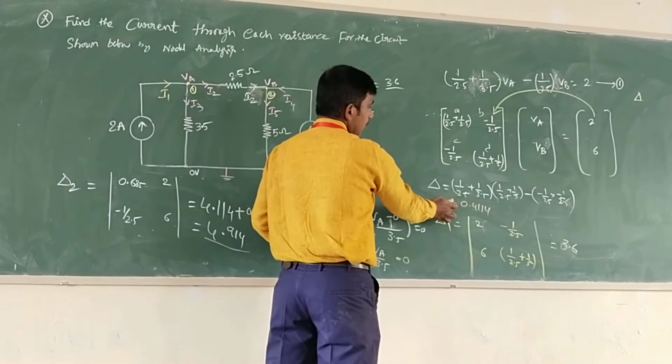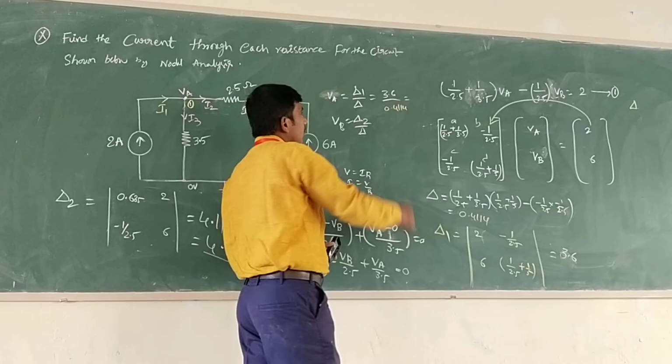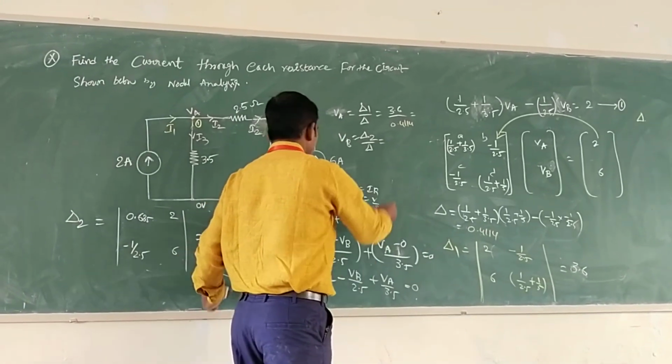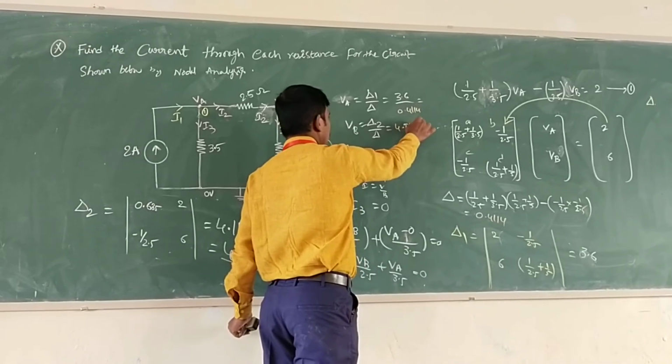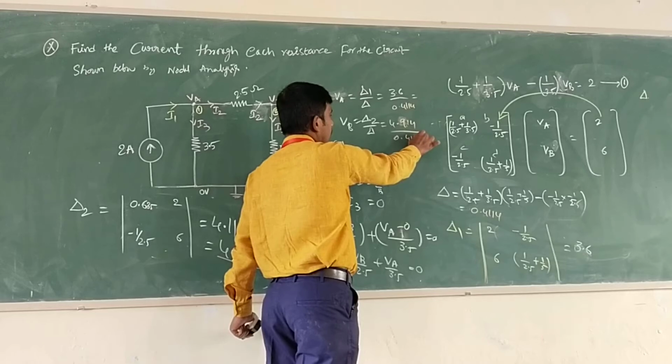Delta is 0.4. 11. Now value is delta 2. Again you substitute delta 2, 4.914 divided by 0.414.